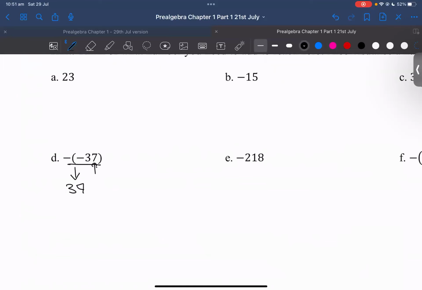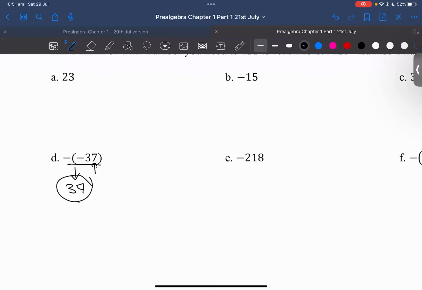Will it be -37, because it's two negatives and then you take away 1? You take two negatives and you take the negation of this one. Two negatives is positive, right?